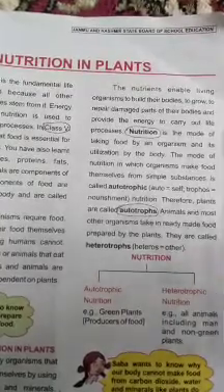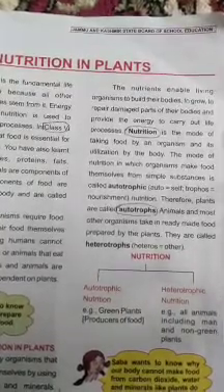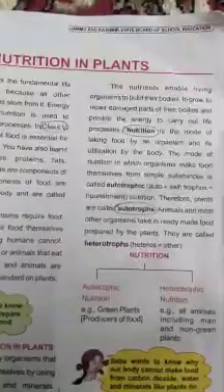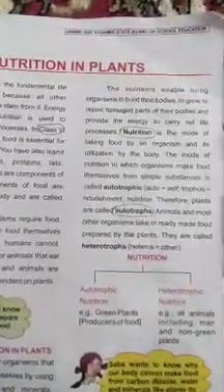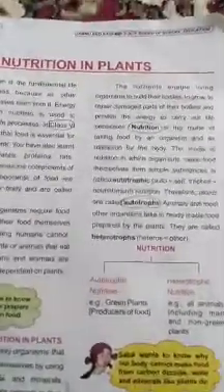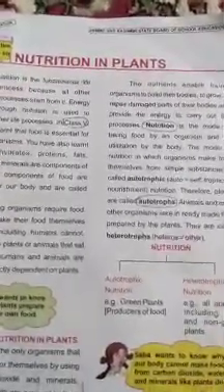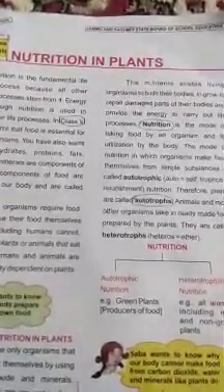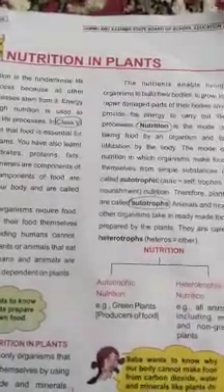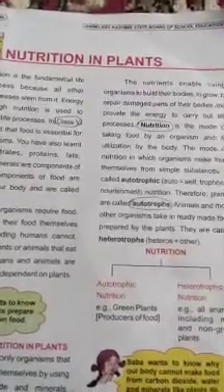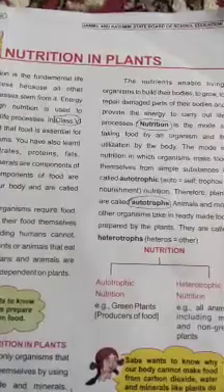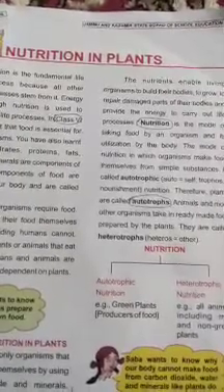They are called heterotrophs, the living organisms who cannot manufacture their own food. They depend for their food on green plants.